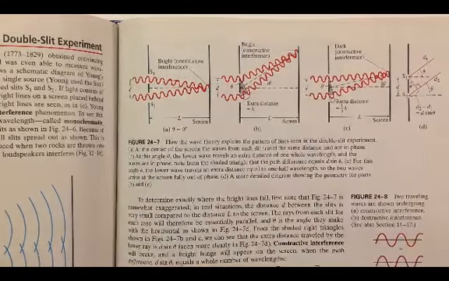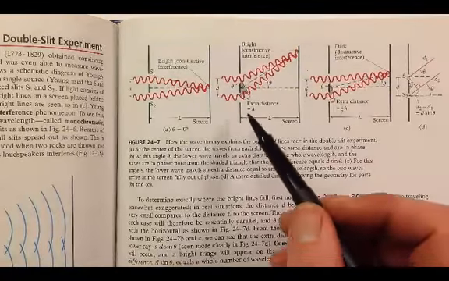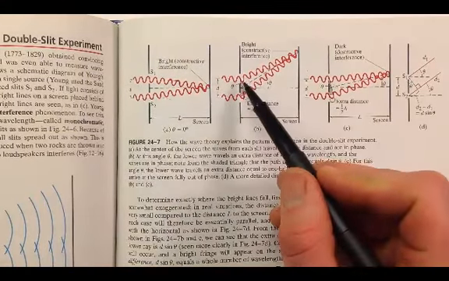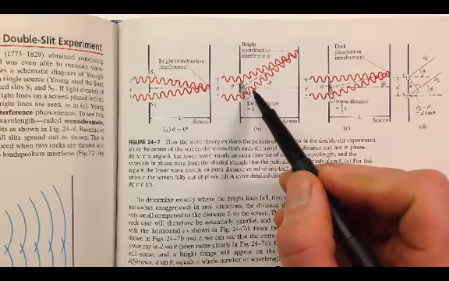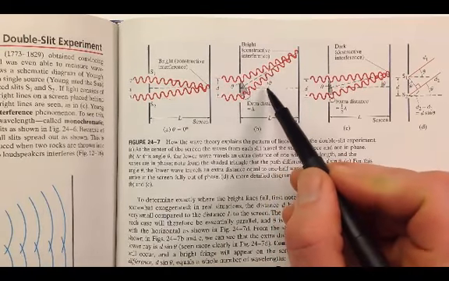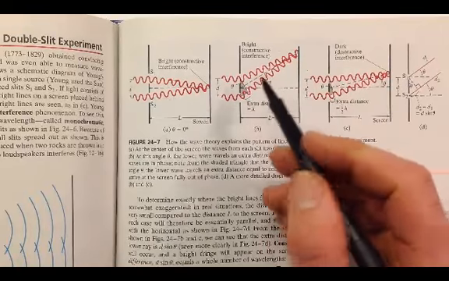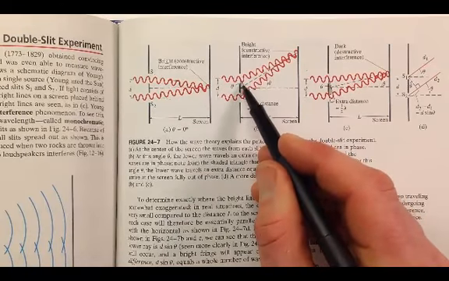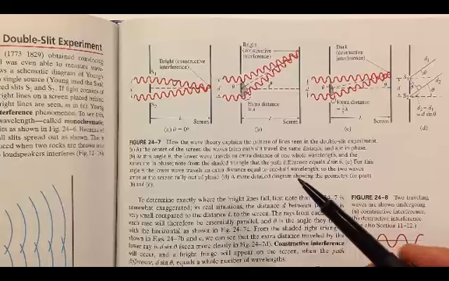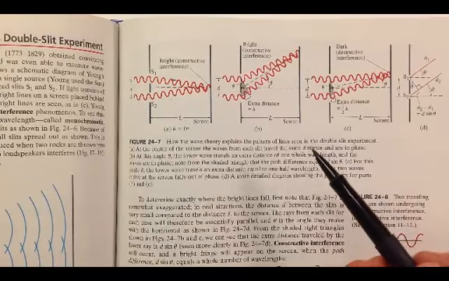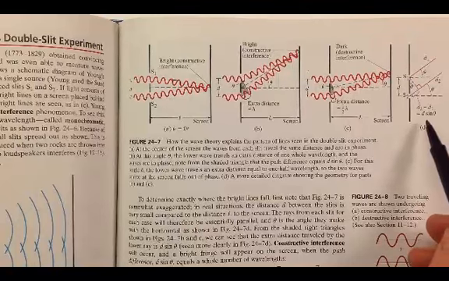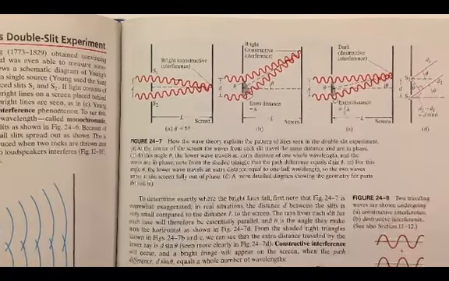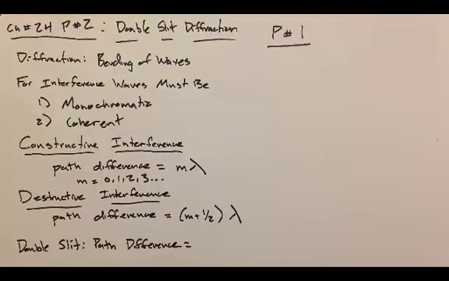Now, if we look closely here, if the separation between our slits is d, and this angle here is theta, which means by similar triangles, this angle here is theta. That means for double slit diffraction, our path difference is just d sine theta. I'm going to write that out because that's important.